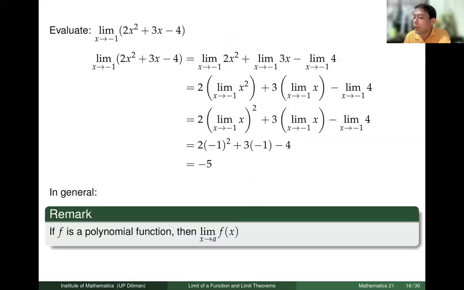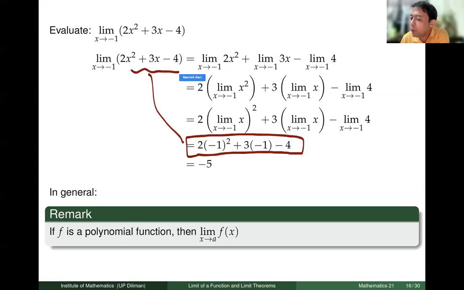Okay. Now, in general, if you have a polynomial function f of x, the limit of f of x as x approaches a always exists. And it is equal to, natin, parang ito. If you look at this expression here, it is but the polynomial evaluated at negative 1.